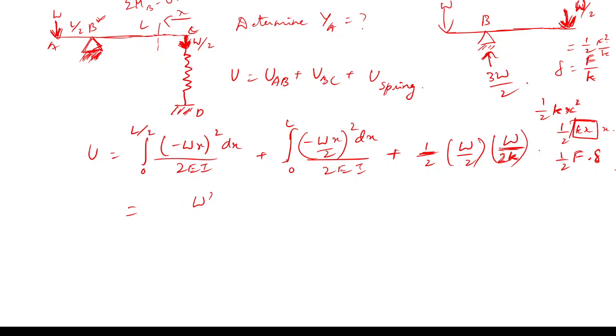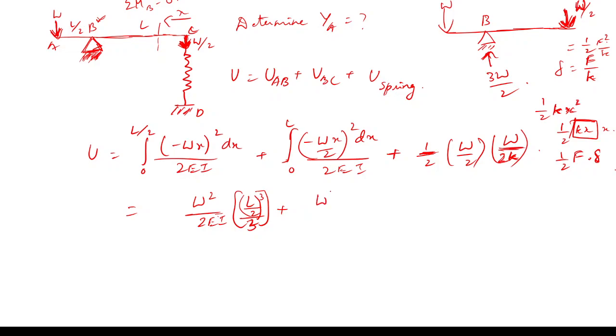So here W square by 2EI, x square by 2. If I write x square by 2, it will be L by 2, x square by 2. If I make any mistake, just inform me, okay? Oh, x cube by 3. Yes.